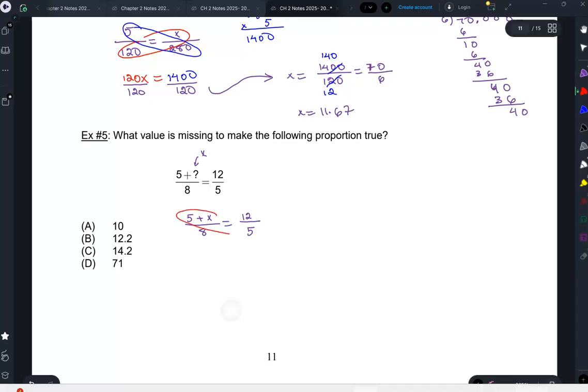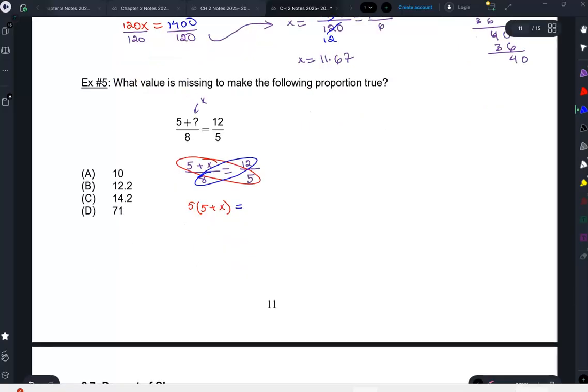So 5 times 5 plus x is equal to, what's 12 times 8? Somebody knows. What is it? One less. 96. Good. So 25 plus 5x equals 96. What do I do? No, because you distribute to both.